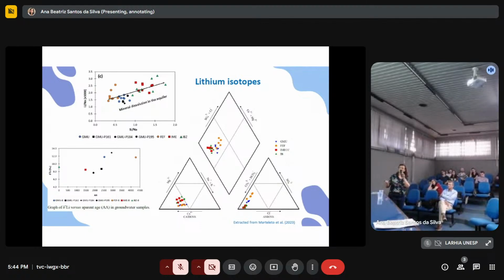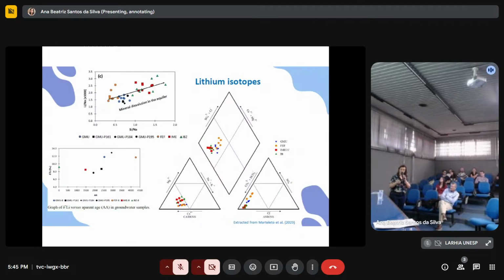So these results are extracted from Thais' thesis, but Isabella, the young lady that is sitting there, she had reached some similar results in her graduation during her undergraduate studies in 2015.